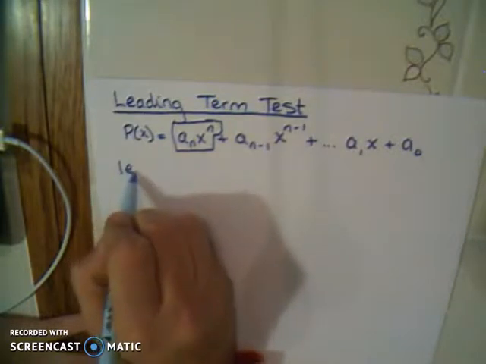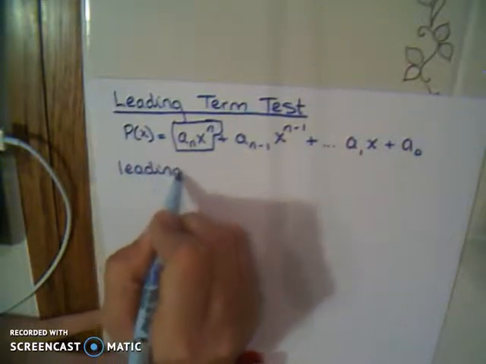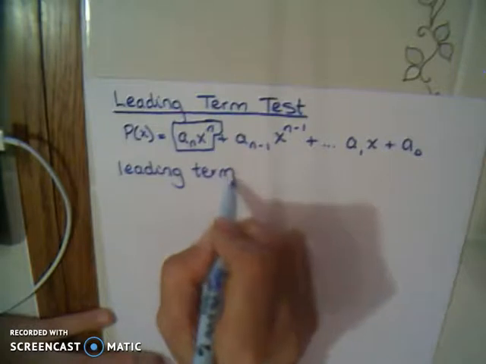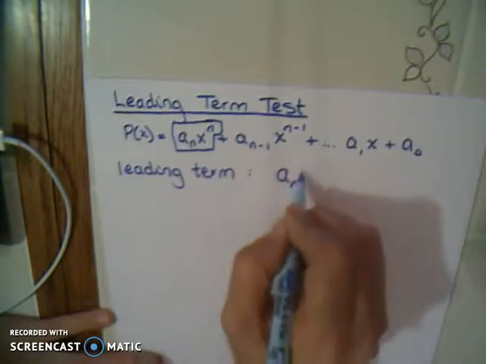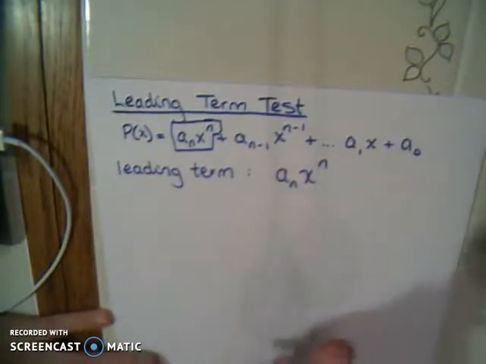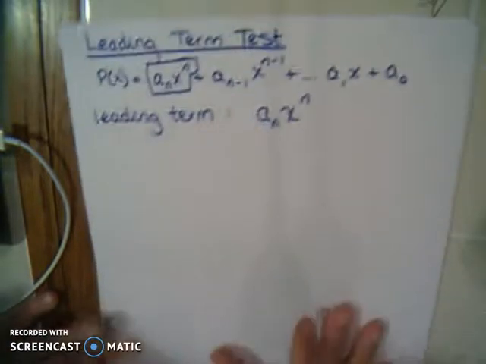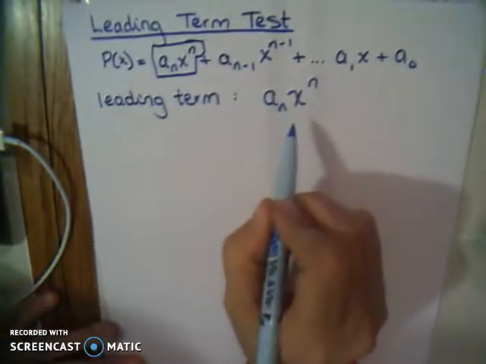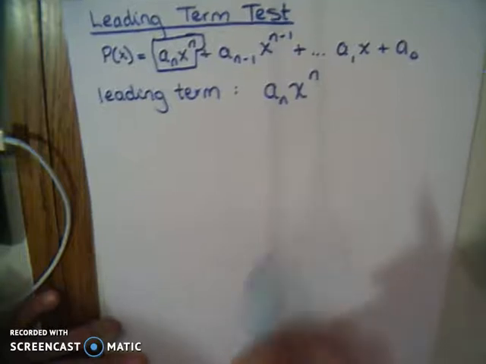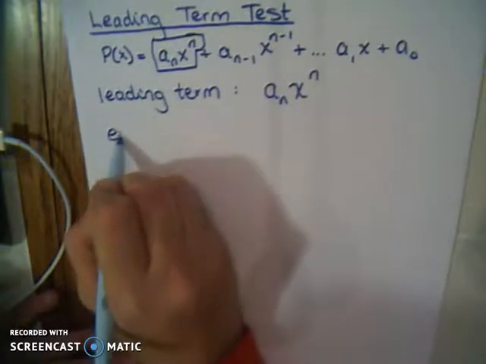So our leading term is a sub n times x to the n. So there are two characteristics that we want to be able to identify in that leading term that will help us decide the end behavior of the graph.